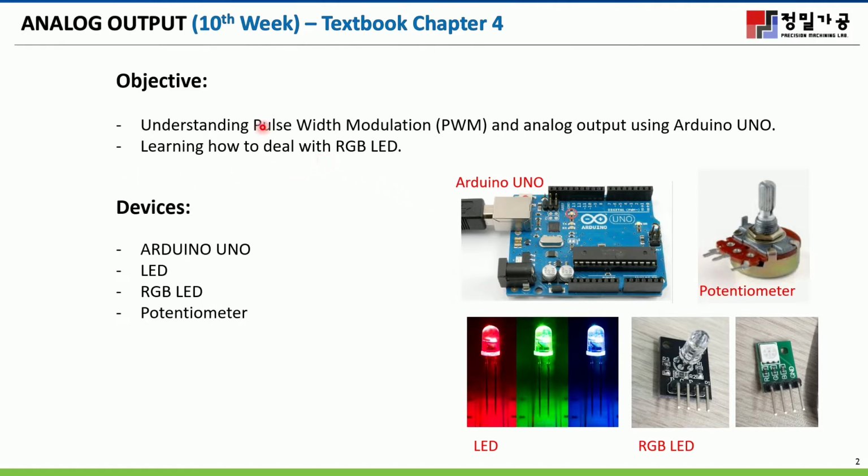In this experiment, we are going to use the Arduino Uno, a potentiometer, and this type of RGB LED. Maybe in your Arduino kit you have this RGB LED of the common cathode type, and this one has the internal resistor installed on the PCB board.